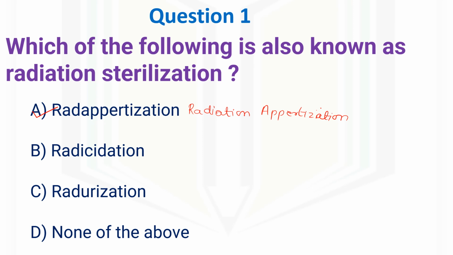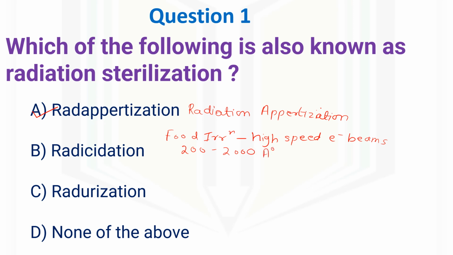Now, what is food irradiation? That we have to know basically. Food irradiation uses high-speed electron beams in the wavelength of 200 to 2000 angstroms.